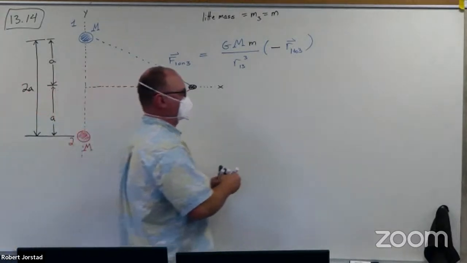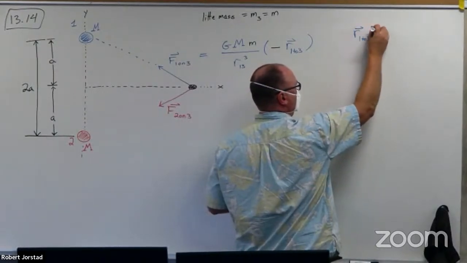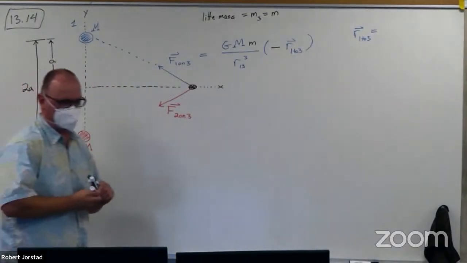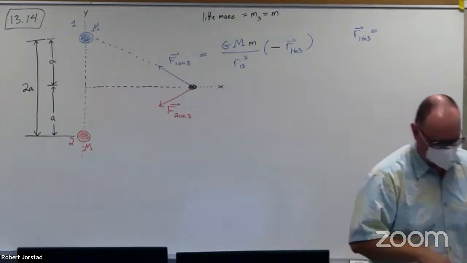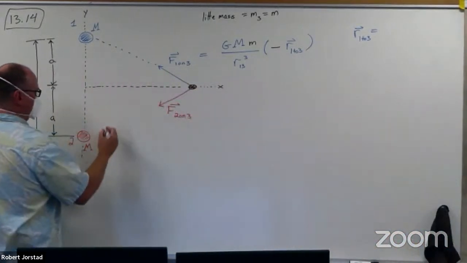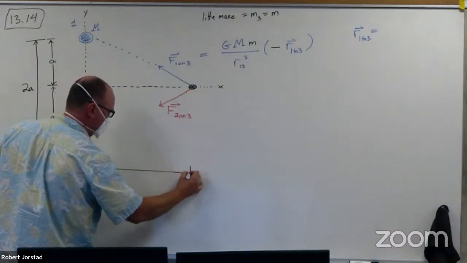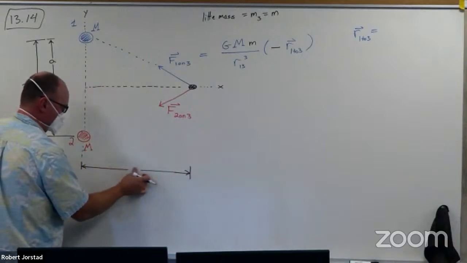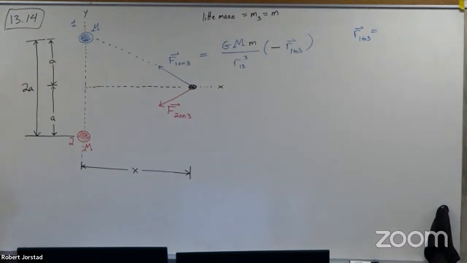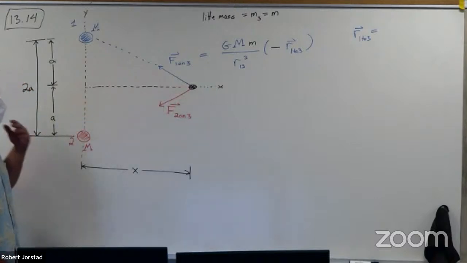Now, help me. What is R1 to 3? Vector. In terms of the parameters, and in this one, I think I said a distance that I forgot to write down. x. We're told that this distance right here, the problem tells us that that distance is x. Okay, so to go from 1 to 3, how far do I go in the i hat?